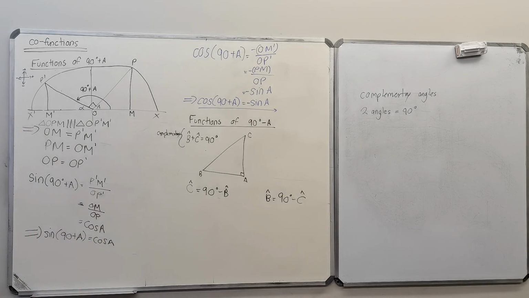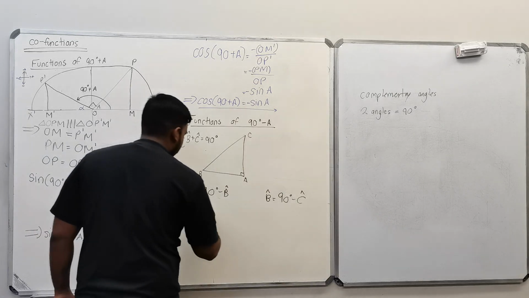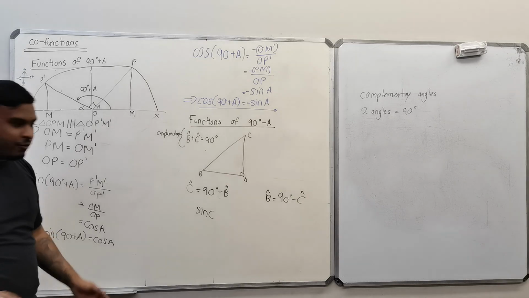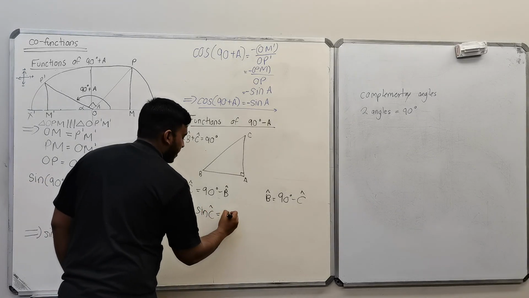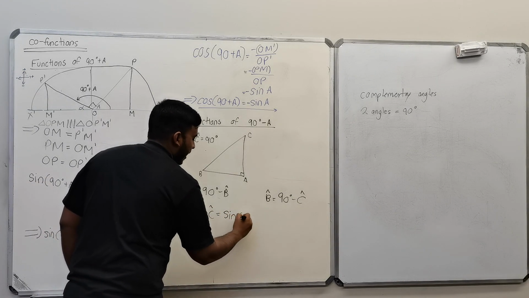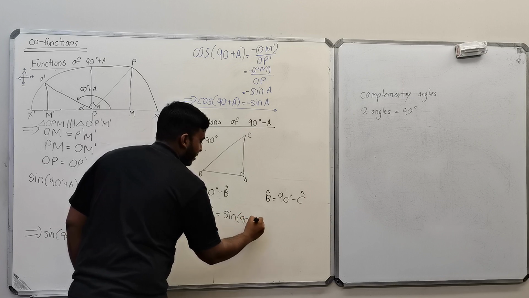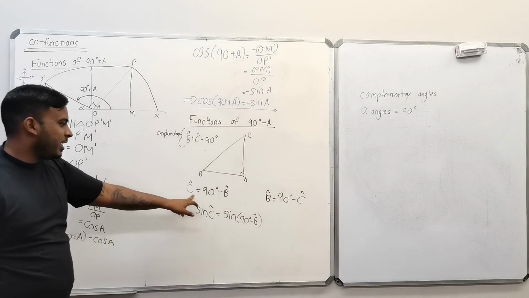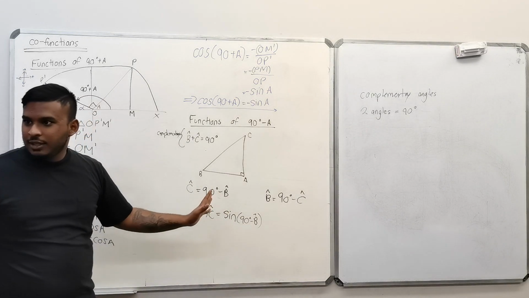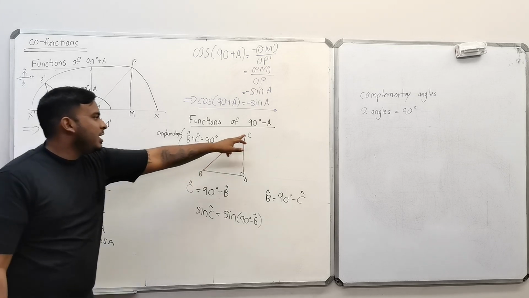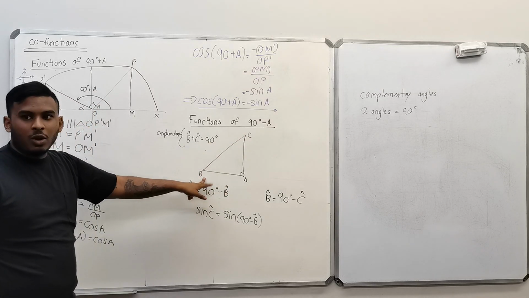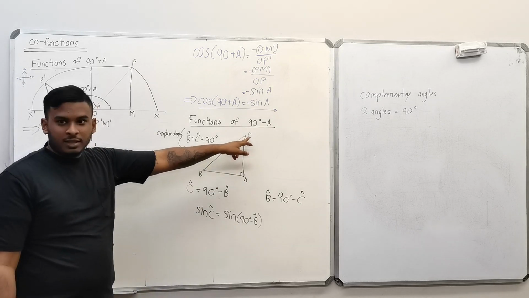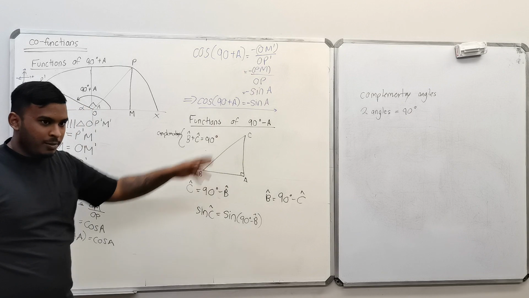So if I had to ask you for sine of angle C, it's the same thing as me saying sine of 90 degrees minus angle B, because I just replace angle C with that part. Okay? So sine of C is what?